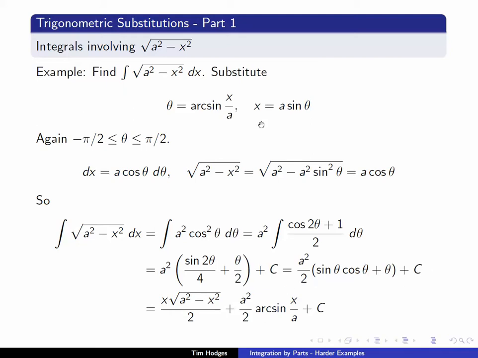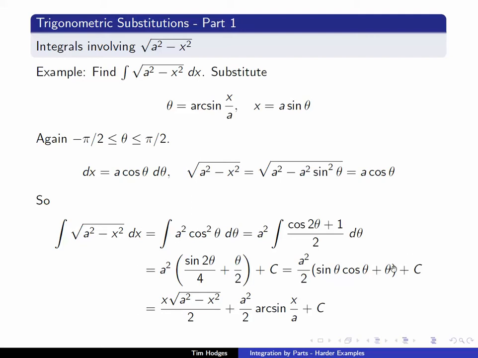And now you see we can substitute back because sine theta is x over a, and cosine theta is radical a squared minus x squared over a. So the a's on the bottom cancel out with the a squared on the top, just giving us x from the sine times radical a squared minus x squared, still divided by 2.